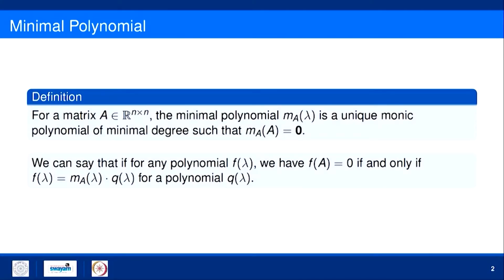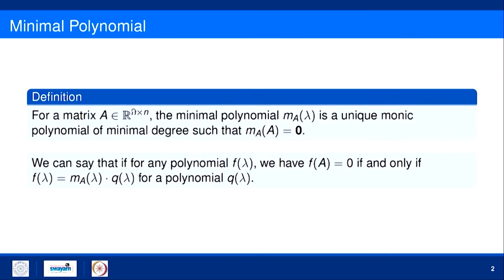So the definition we can state like this. For a matrix A, which is an n by n real matrix, the minimal polynomial, denoted by MA of lambda, is the unique monic polynomial of minimal degree such that MA of A equals the 0 matrix, meaning this polynomial annihilates the matrix A. One such polynomial you know is the characteristic polynomial.